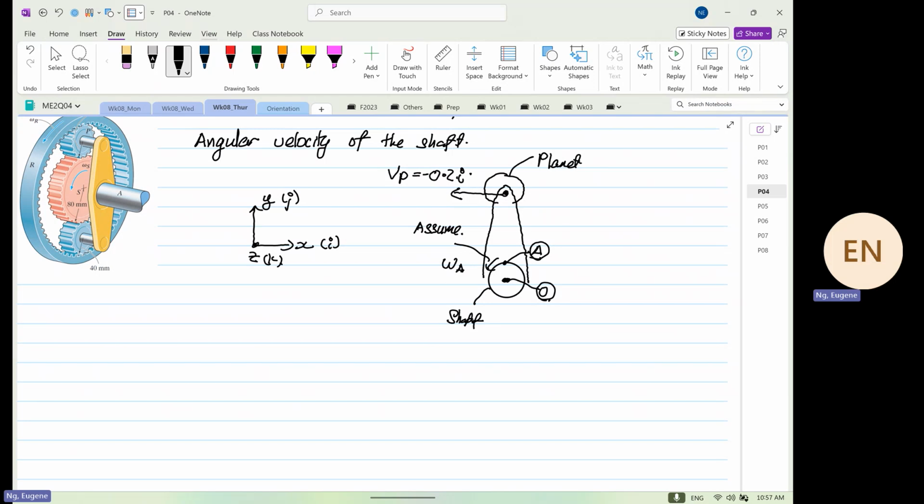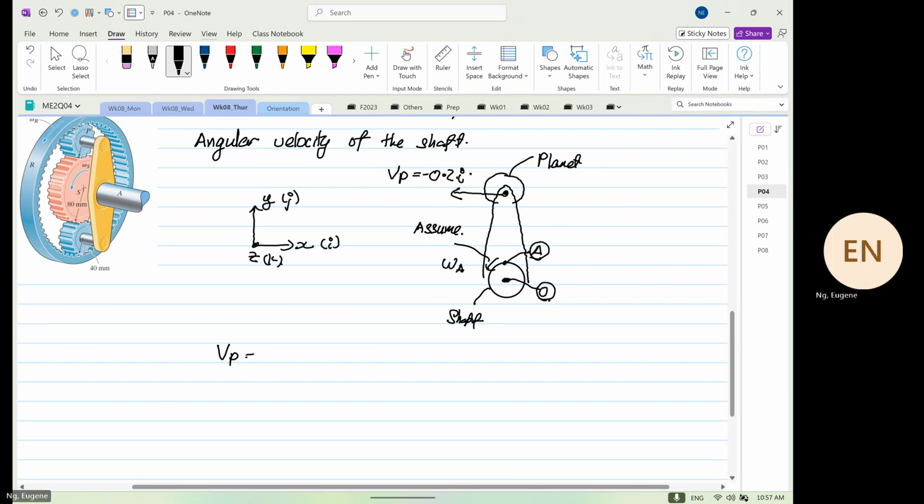So we can form the expression where Vp is equal to V naught, plus omega OP, or whatever you want to call it, will still be the same, cross R P from point O.